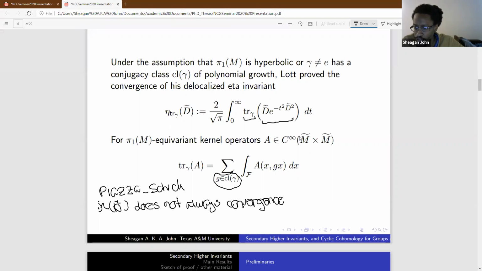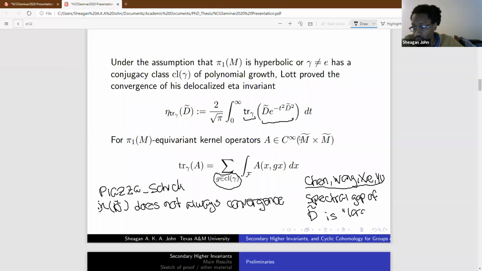And I'll just mention as well a result of a four-author paper. So this is from Shen, Wang, Shi, and Yu, that we do have absolute convergence of this delocalized eta invariant, as long as the spectral gap of D is sufficiently large.